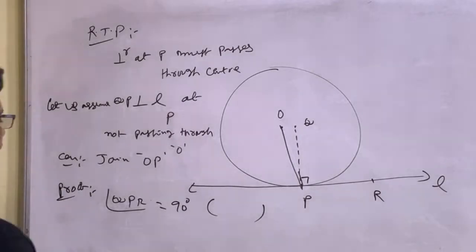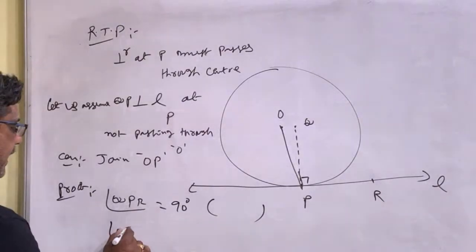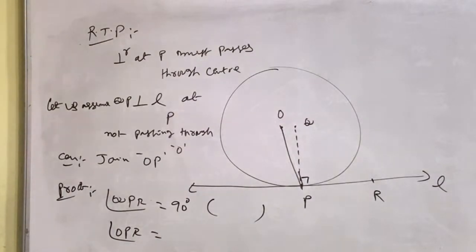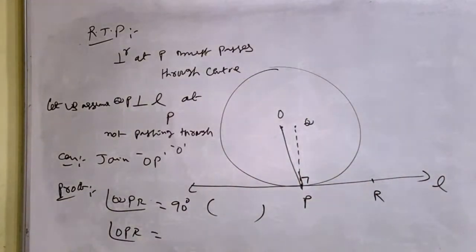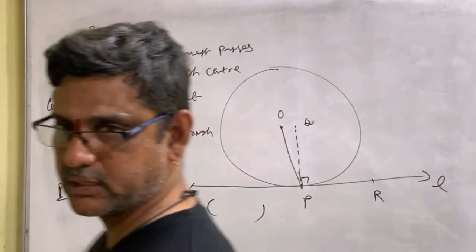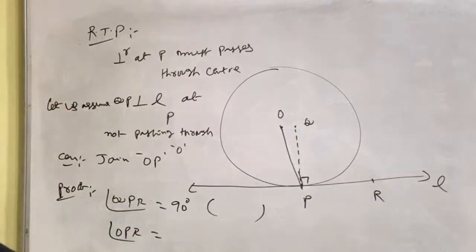Now, can anyone say what is angle OPR, and the reason? 90 degrees. Good. The reason is the radius is perpendicular to the tangent at their point of contact.